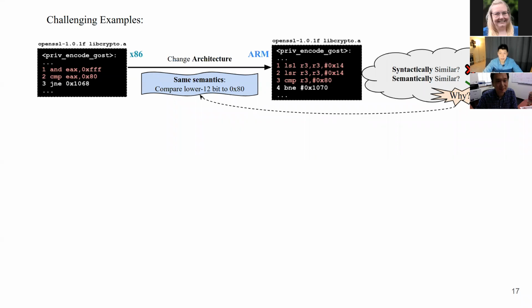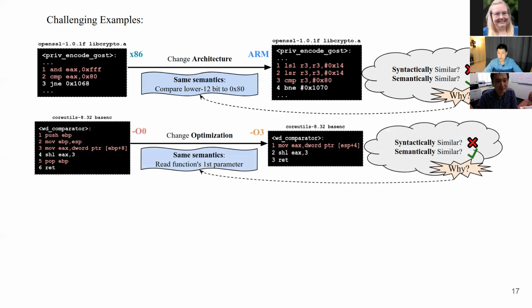On the left-hand side, the x86 binary implements this using a logic AND, while the ARM binary makes use of a combination of shift left and shift right. Due to different syntax between x86 and ARM, and even this different implementation, the two binary codes are not textually similar, but they share the same functionality.